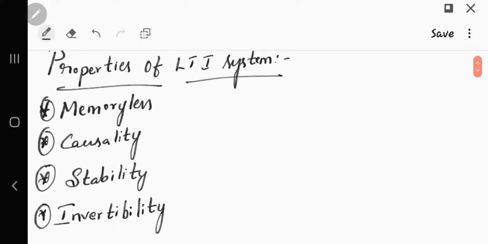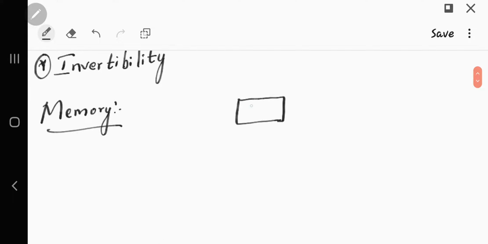Now these properties are expressed in terms of impulse response only. So we have to consider an LTI system which possesses an impulse response. Let's start with memory. Remember this diagram whenever you are dealing with an LTI system.